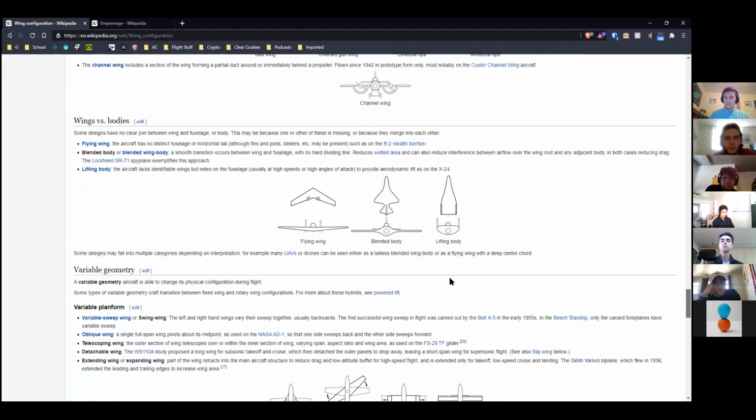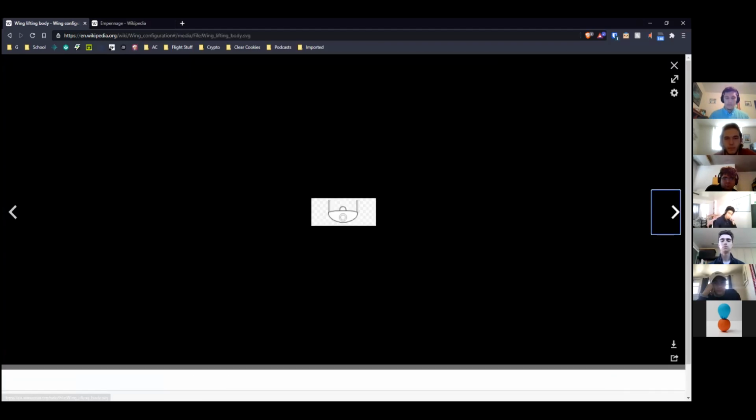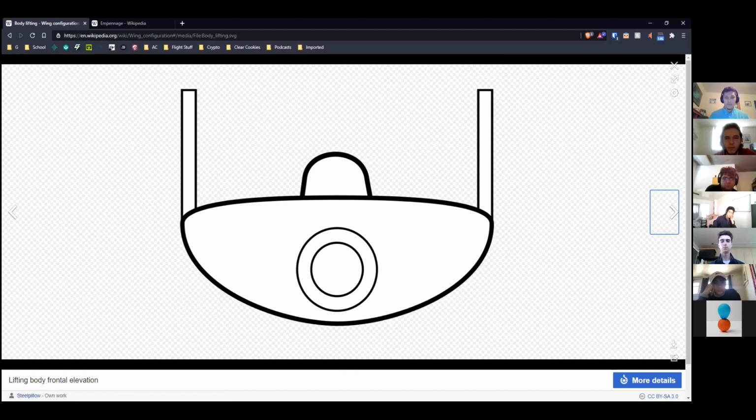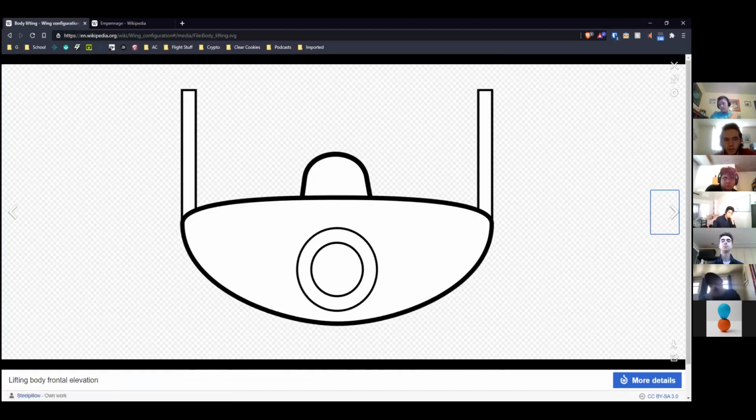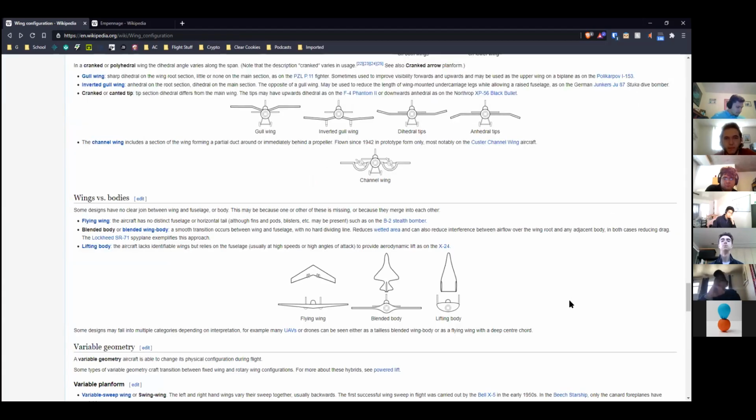So if you built one of these, but you were trying to make a super maneuverable light plane, you would have a bad time because this is not designed for that at all.